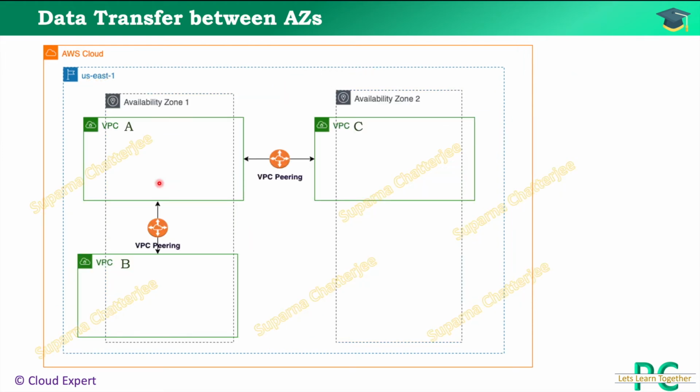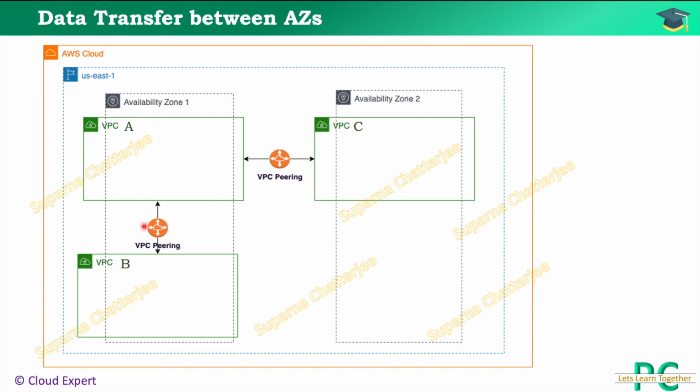Now let's try to understand a different use case, the data transfer between VPCs across availability zones. Let's say we have three VPCs: VPC-A, VPC-B and VPC-C. VPC-A and VPC-B are both in availability zone 1, but VPC-C is in availability zone 2.